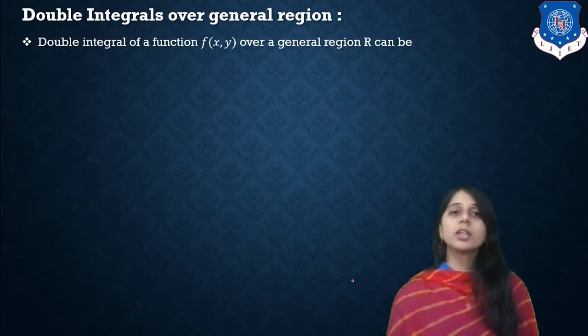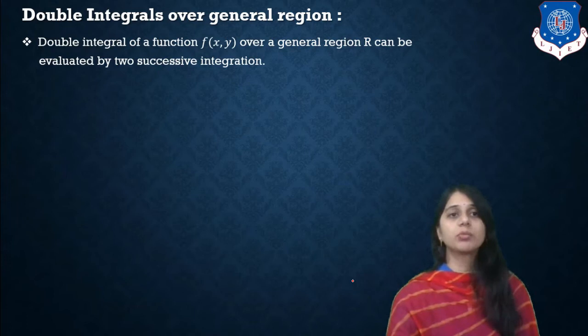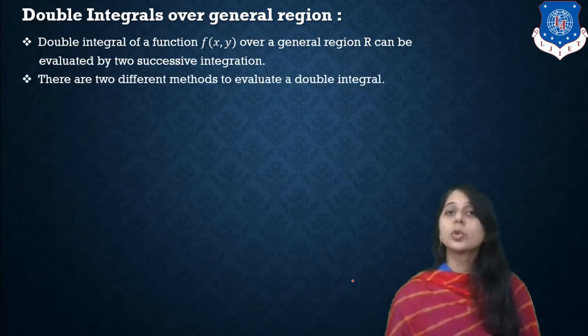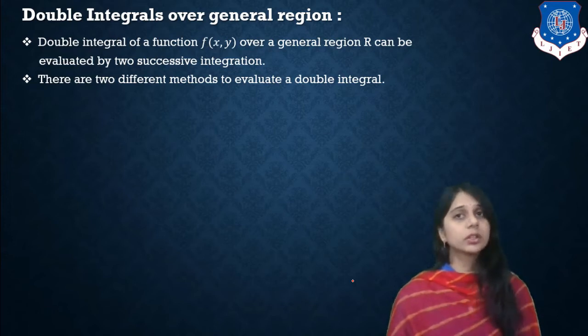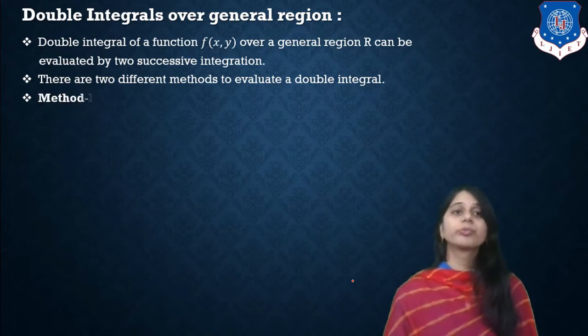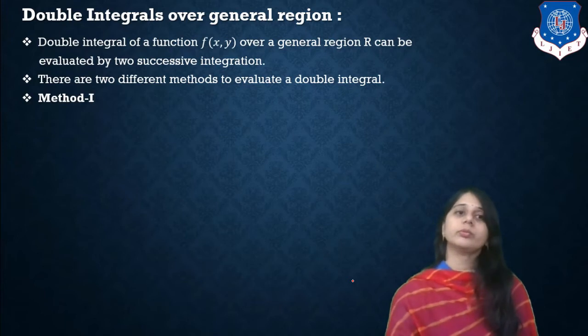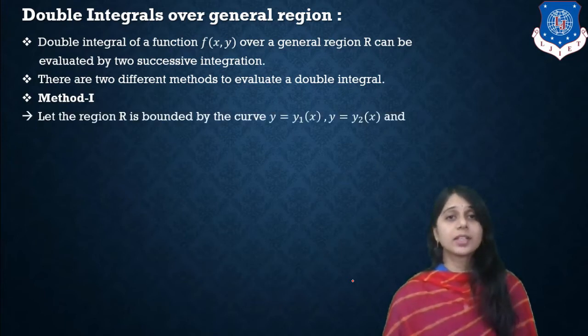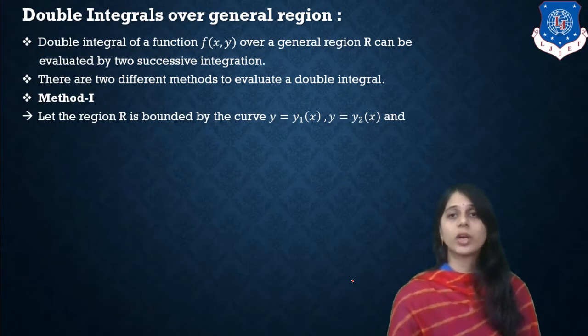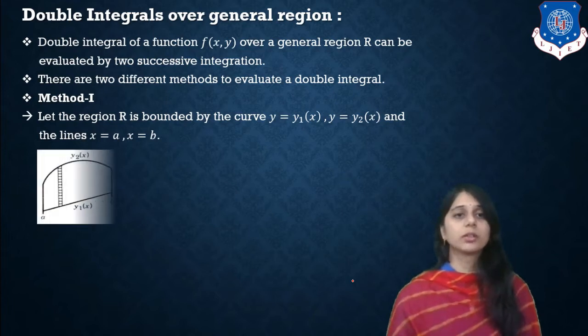Now, double integral over a general region. We say that the double integral of a function f(x,y) over a general region R can be evaluated by two successive integrations. So there are two different methods to evaluate the double integral. Method 1: let the region R be bounded by the curves y equal to y1(x) and y equal to y2(x) and the lines x equal to a, x equal to b.